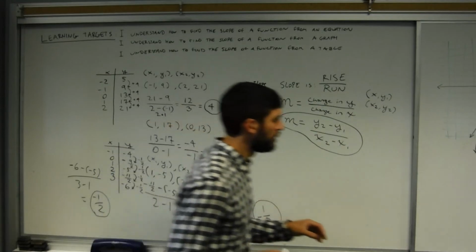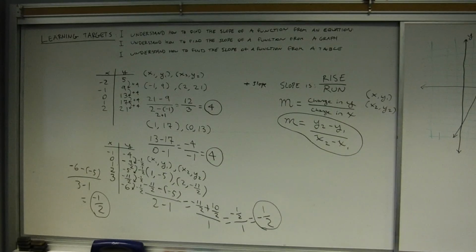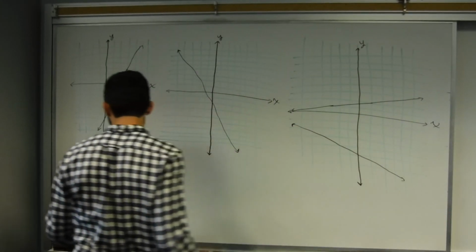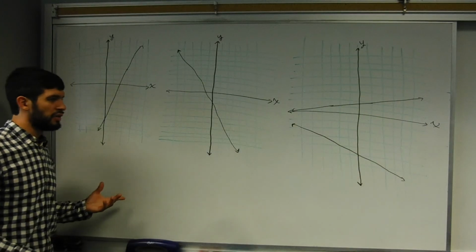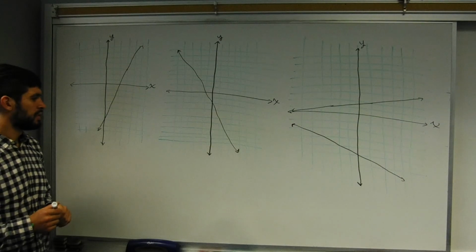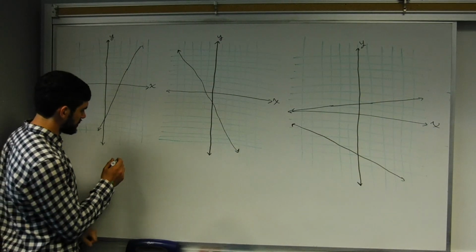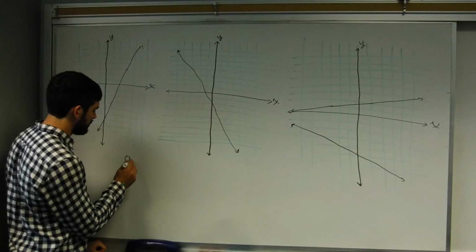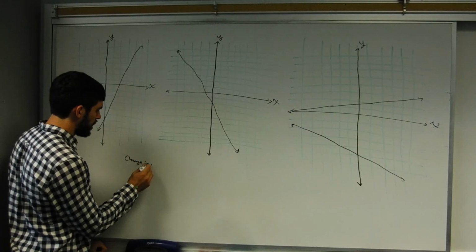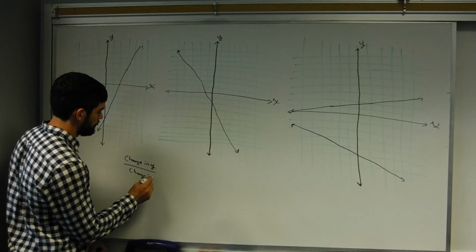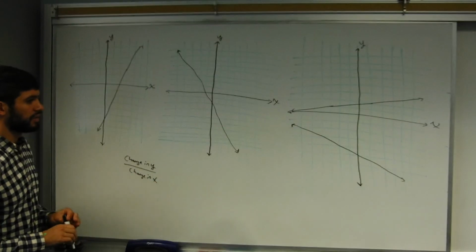So now we're going to look at finding slopes from graphs. With graphs, we're actually going to use the same formula. We're just going to look at the change in y over the change in x for the line.